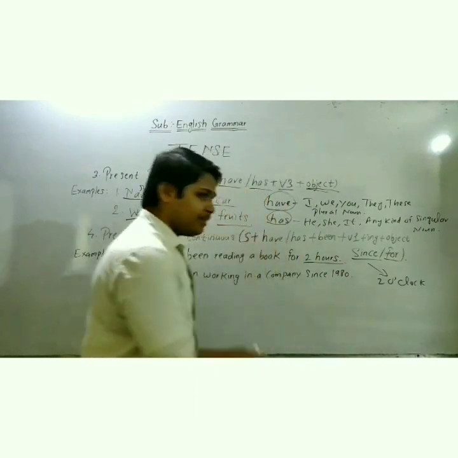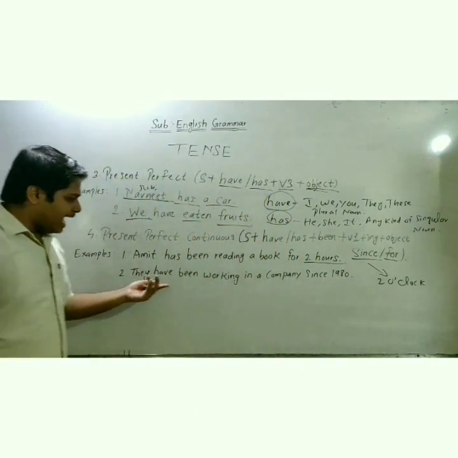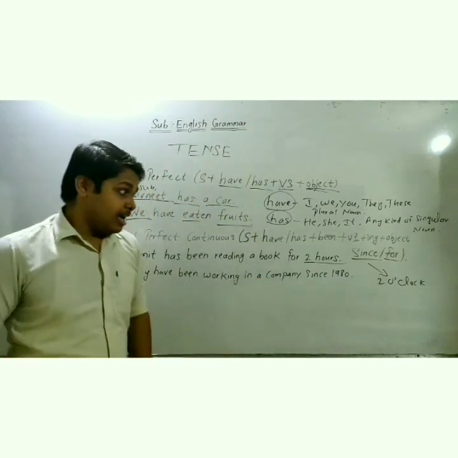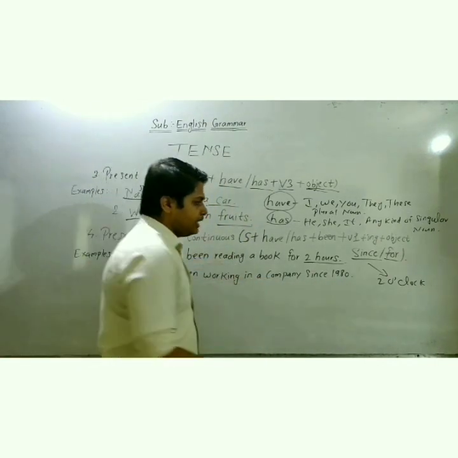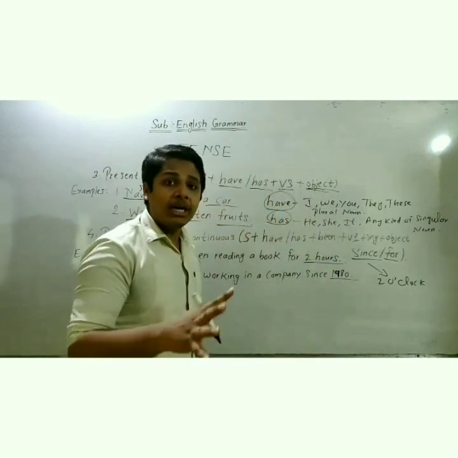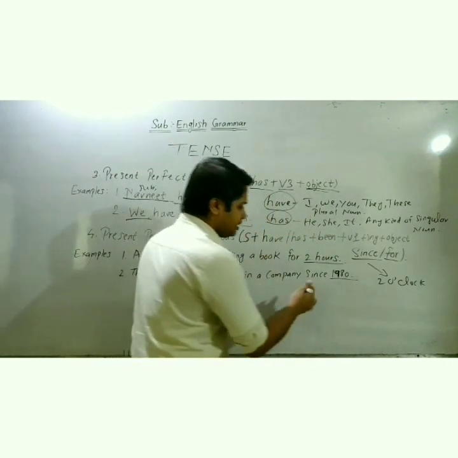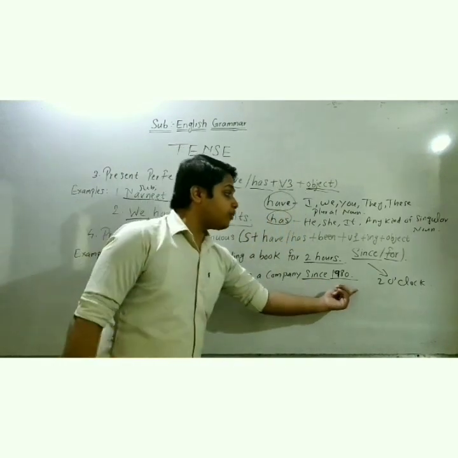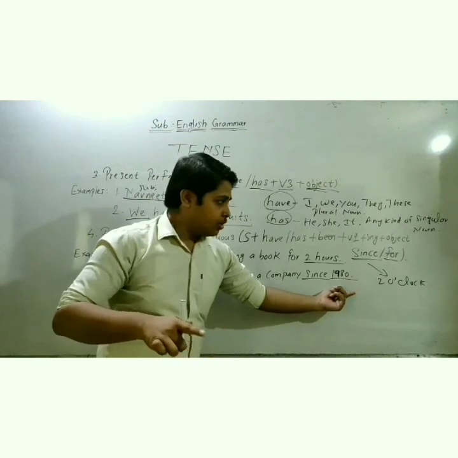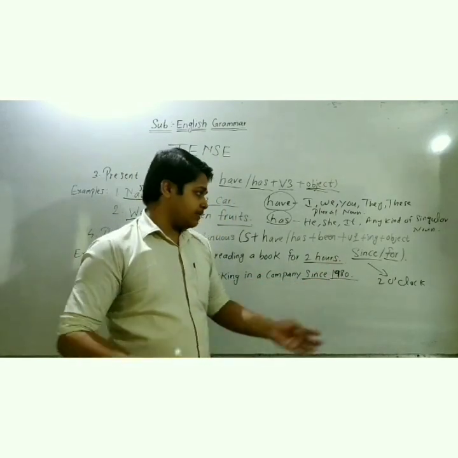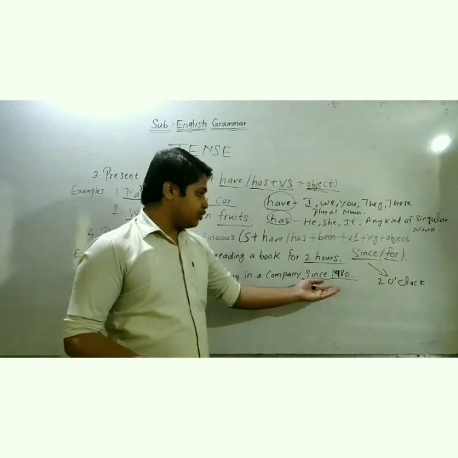The second example: they have been working in our company since 1980. As you see, the year 1980 is indicated properly, so we have to use since here. We can't use for because it indicates a proper year. Keep in mind that since and for are the main basic concept. If you forget this, your sentence will be wrong.